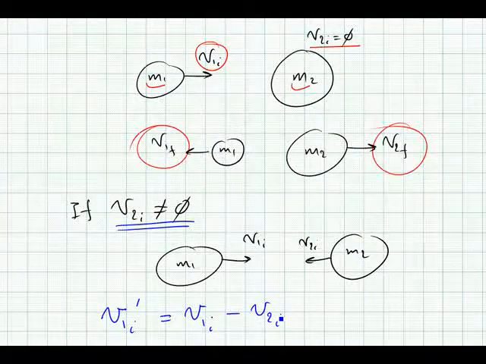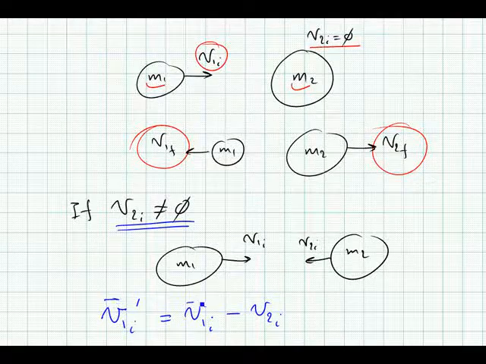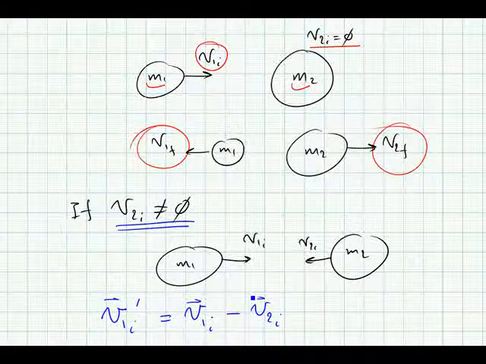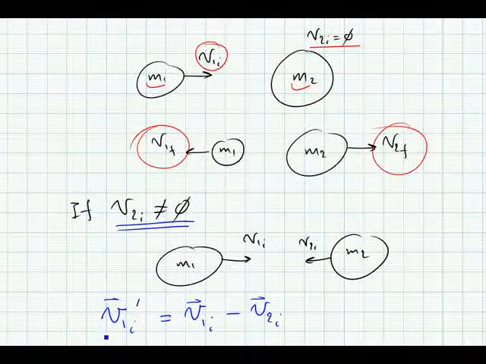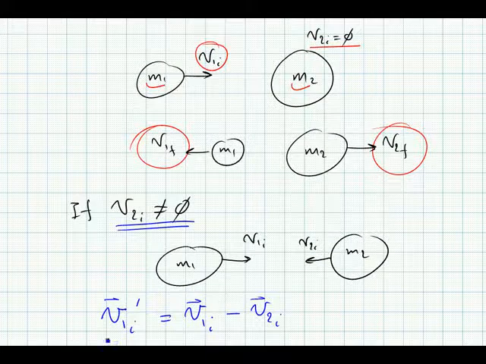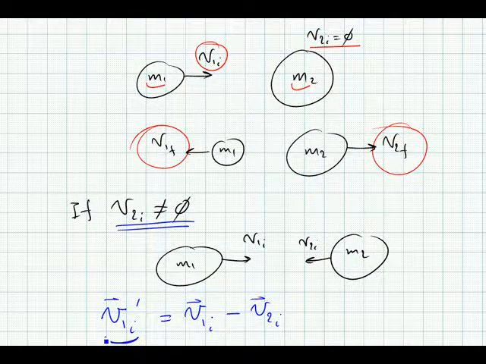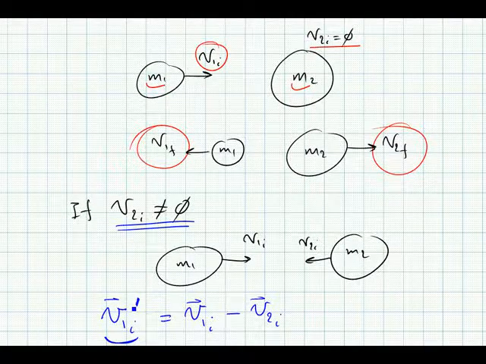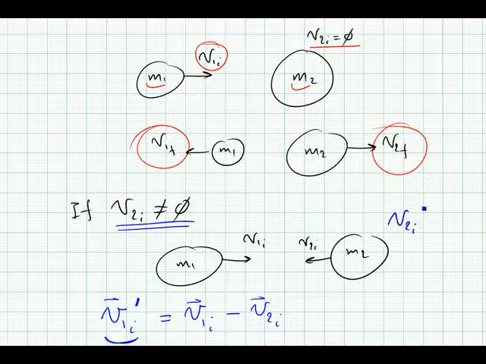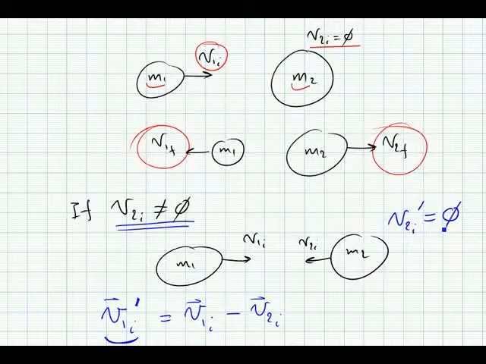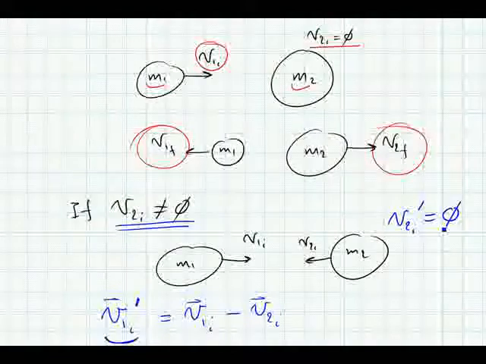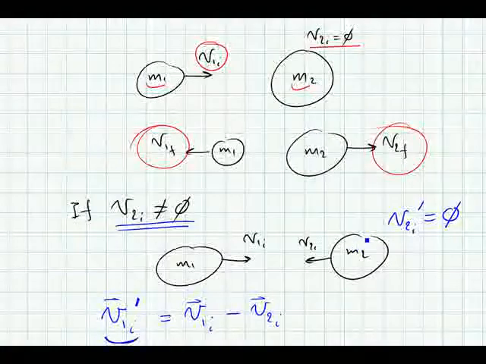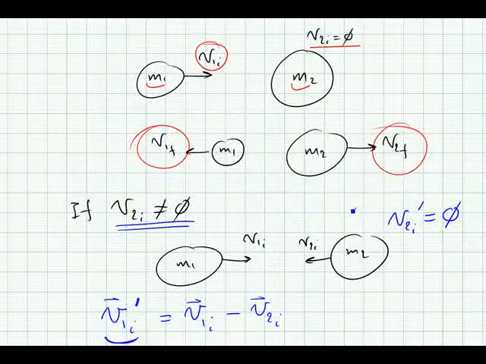This is the Galilean transformation for defining a new relative velocity for object 1, v1i prime. That's a relative velocity of object 1 in which v2 initial prime now becomes 0. So this is like making mass 2 our reference frame, putting our reference frame on mass 2.